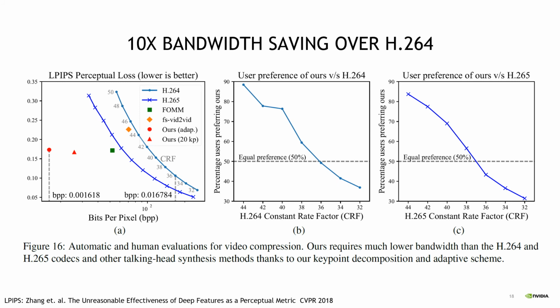H264 has a parameter to control the trade-off between reconstruction quality and bandwidth consumption, called CRF, constant rate factor. So we vary the number from 32 to 50 and report the performance of H264 here. Similarly, we do the same for H265. We also compare to a couple of baseline algorithms. One is the first order motion model.